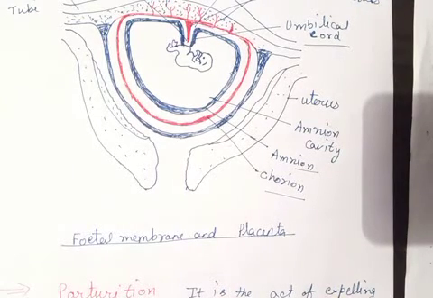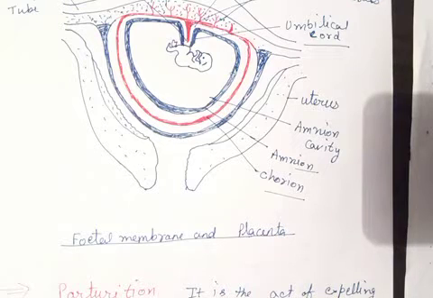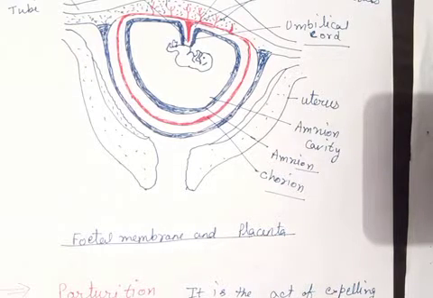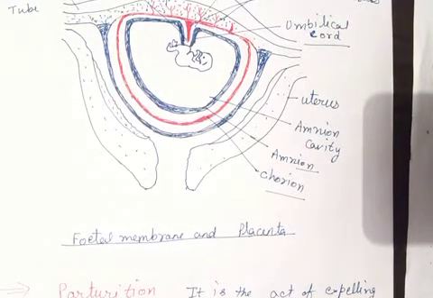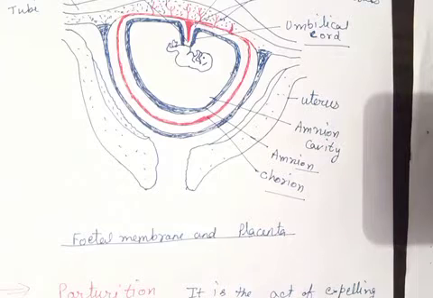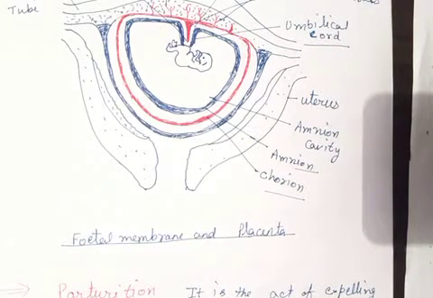So, when the pregnancy period is completed, meaning the young one is fully matured or developed inside the maternal body, it is expelled out from the maternal body to the outside, resulting in the birth of the young one.